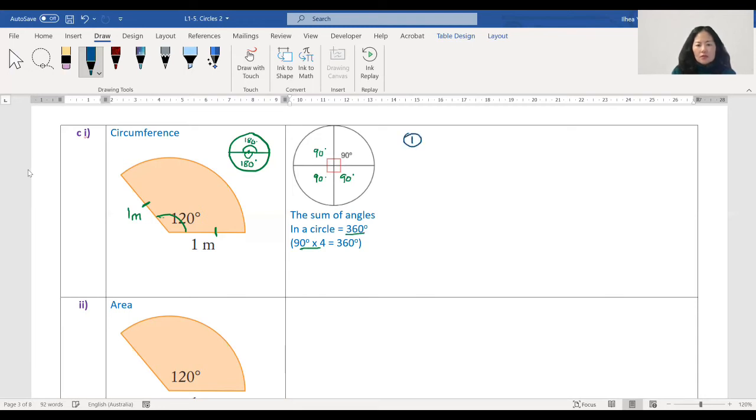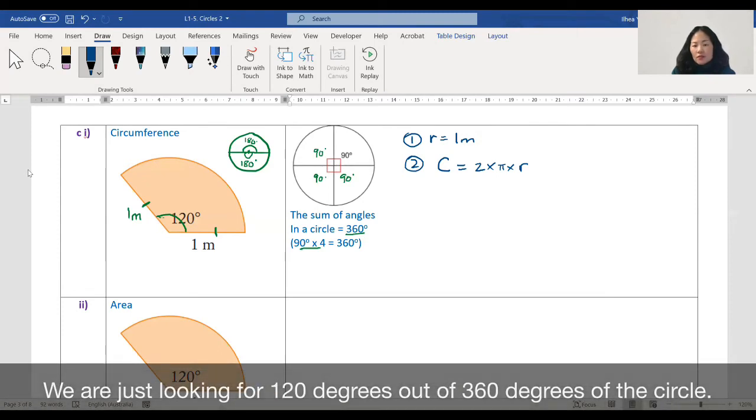First, we need to find the radius, 1 meter. And then second, because it's a circumference, we're going to use C equals 2 times pi times r, but it's going to be only 120 degrees out of 360.